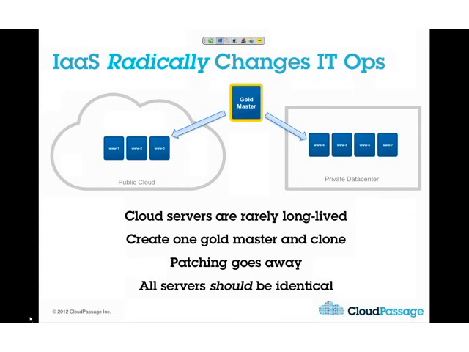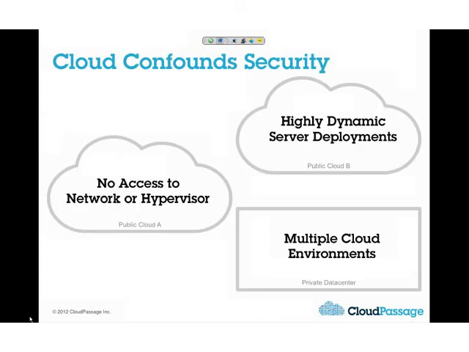So for this and many other reasons, the security challenges in the cloud are quite substantial. And it's not necessarily because of the operational model. It's because traditional security products were not designed to handle this dynamic operational model. Additionally, traditional data center security tools that relied on access to the network to provide security simply don't work in the cloud because you don't have access to that network, or you don't have access to the hypervisor in which your servers are running.